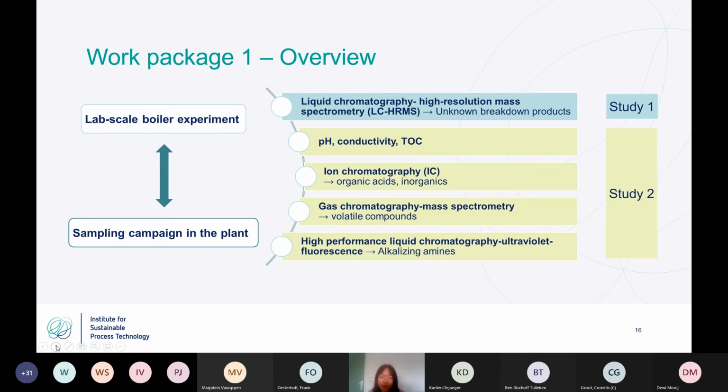And for the second part, we combined other techniques, for example, the basic measurements of pH, conductivity, and TOC. Also ion chromatography to look into organic acids, and gas chromatography mass spectrometry for volatile compounds in the system. And the last one is liquid chromatography to look into alkalizing amines from the FFA product itself. Next one, please.